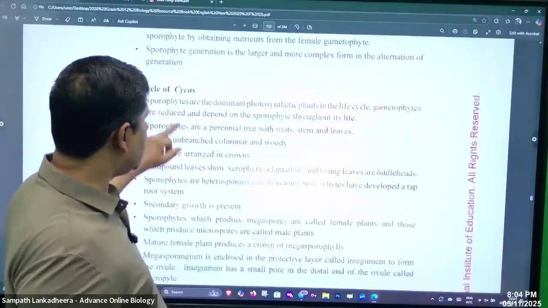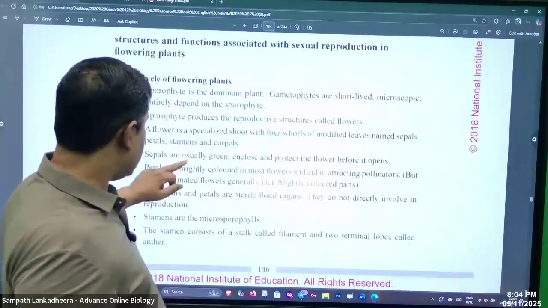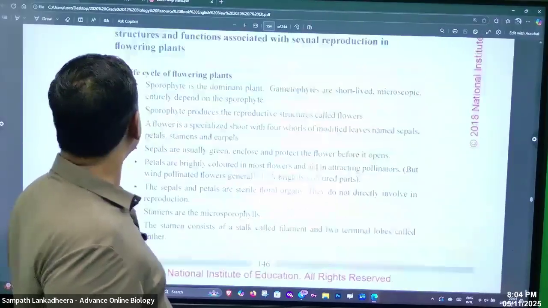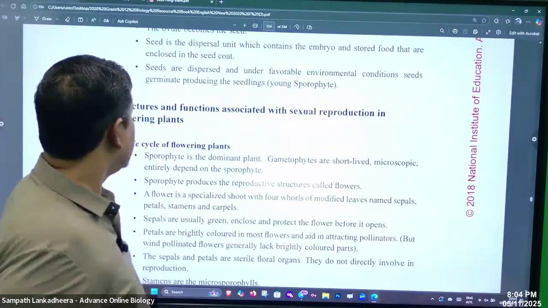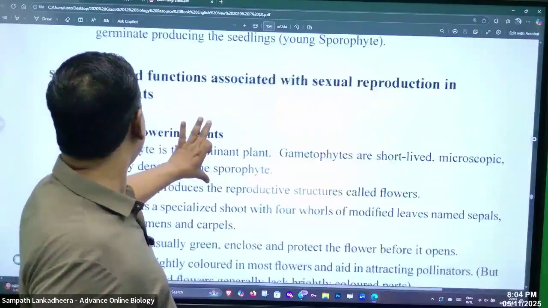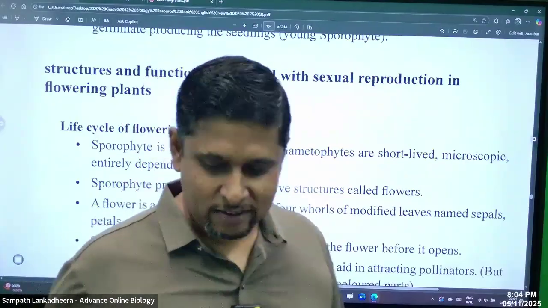So people, life cycle of flowering plants, Anthophyta. Structure and function associated with sexual reproduction of flowering plants.